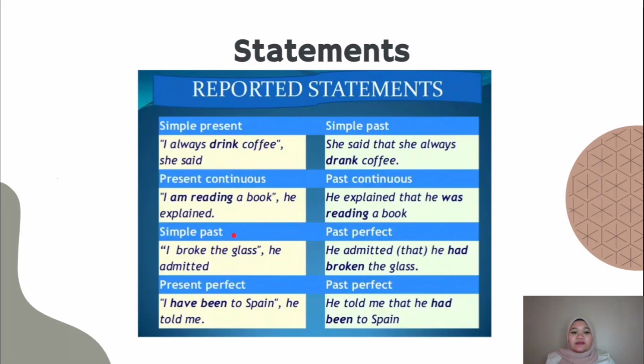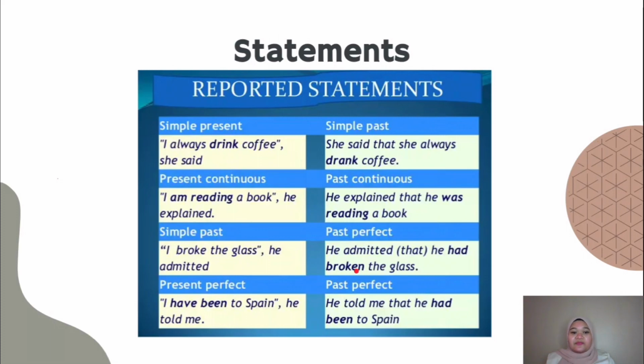Number 3, in direct speech we will use simple past, which is "I broke the glass," he admitted. But when it comes to reported speech, we will change it to the past perfect. He admitted that he had broken the glass. Can you see that? We add the word had and this one will become broken.